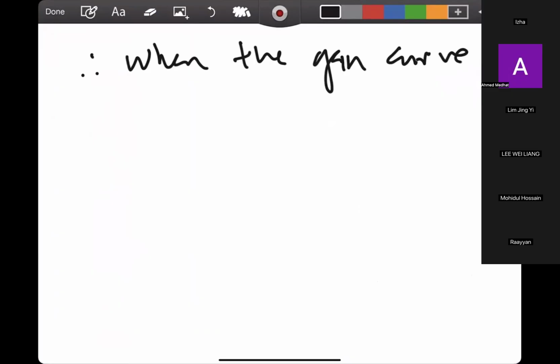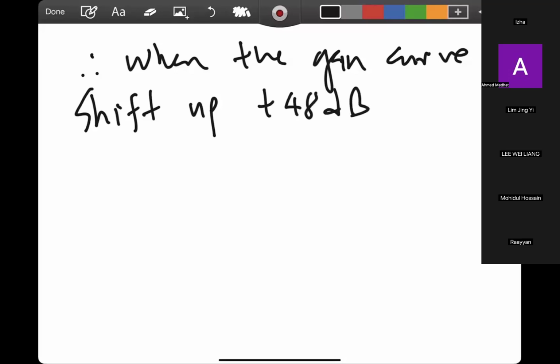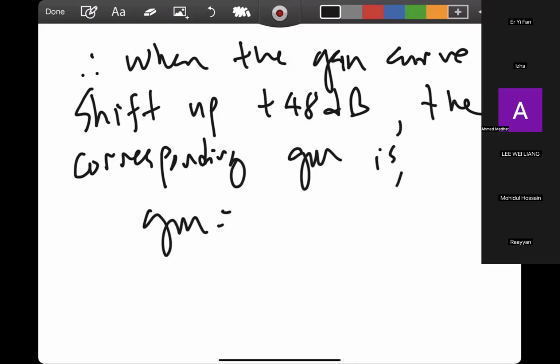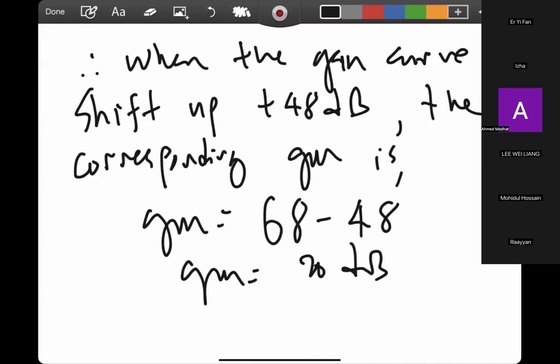So when the gain curve shifts up plus 48 decibel, the corresponding gain margin is equal to 68 that Lim Jing Yi read just now, minus 48. So it becomes 20 decibel.